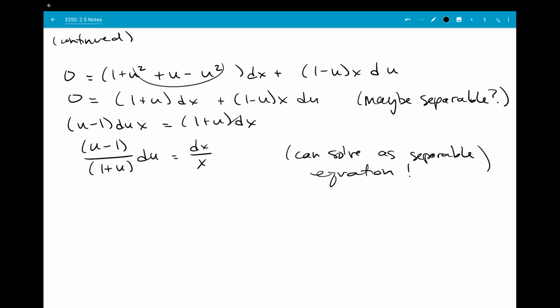And so I can solve that as a separable equation. It's not going to be very neat, and I don't want you to sit here while I integrate that. So we're not going to solve this one all the way through. We'll just stop here and say from here, solve by separation of variables.